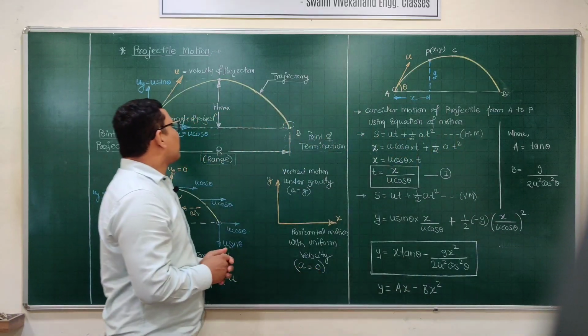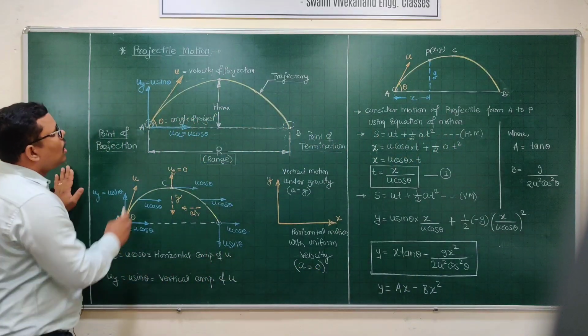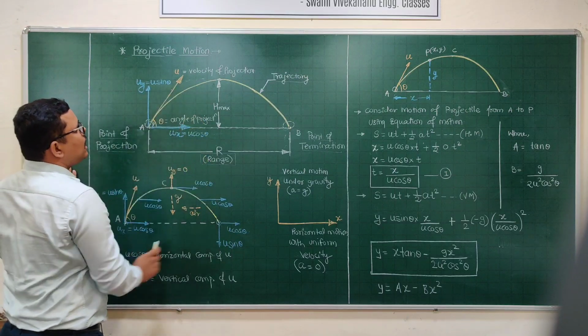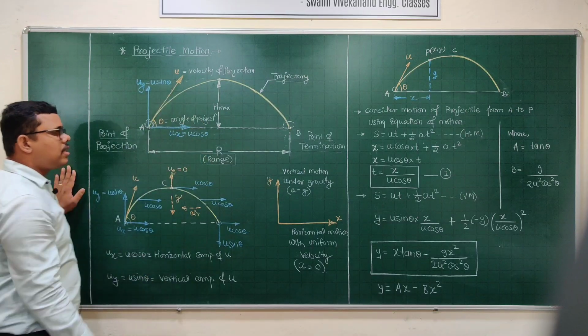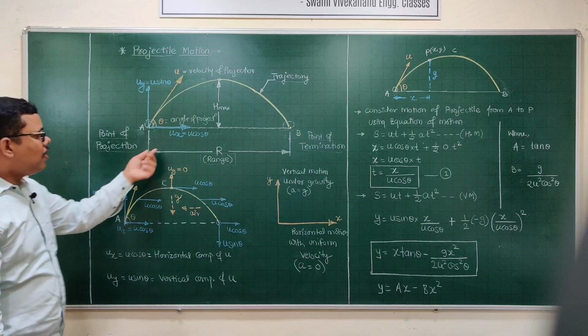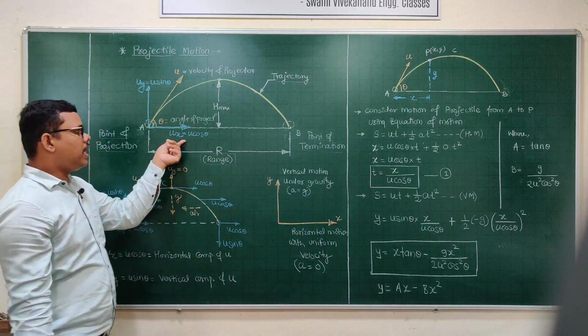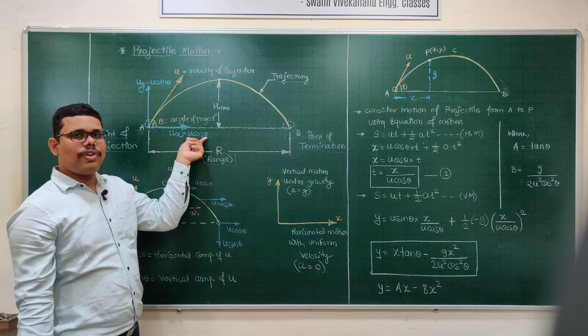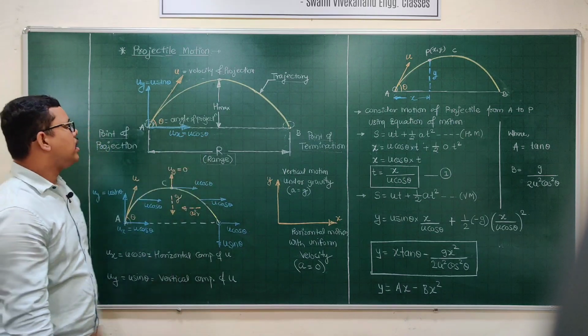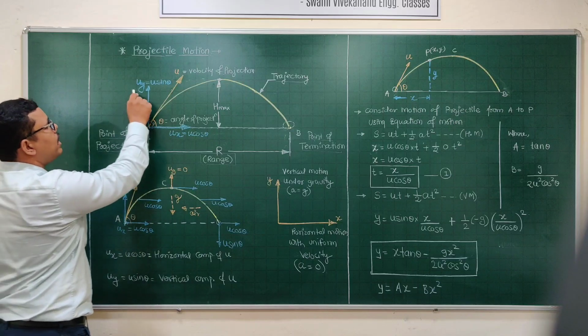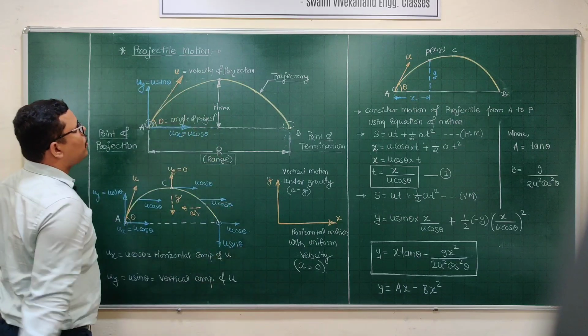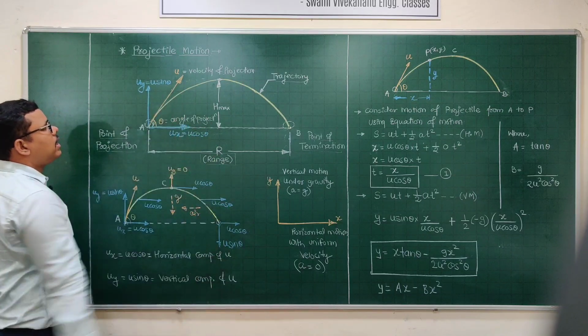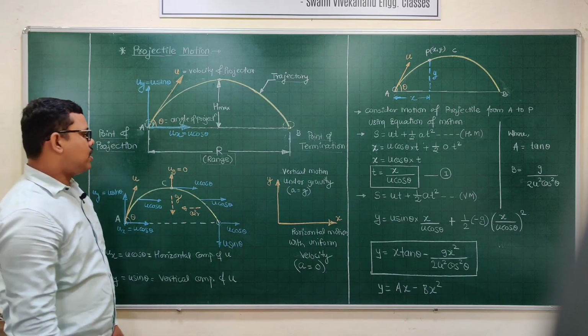Okay. Further, since this velocity is inclined at an angle of theta with respect to horizontal, here we consider ux. Ux is the horizontal component, that is u cos theta, or we can say the x component of velocity. Similarly, uy is the vertical component of velocity, or u sin theta, that is the y component of velocity.